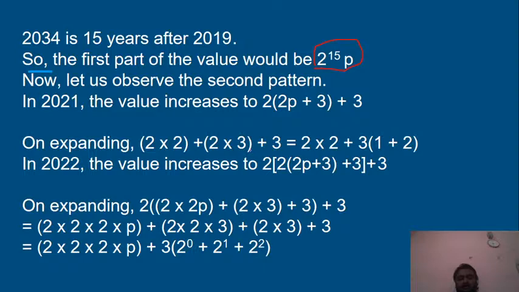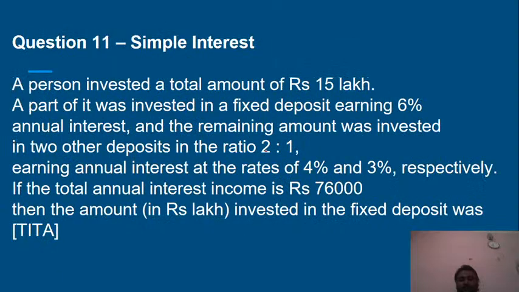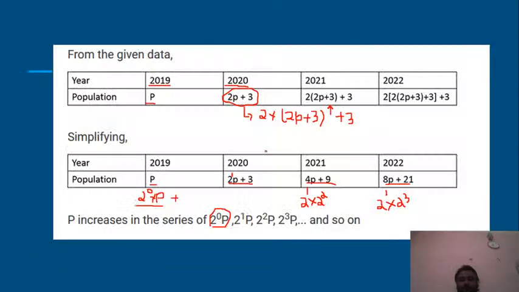Now the second pattern is that we are adding 3 every time. So now see how the power of 3 goes on. The story of 3 starts from here. In this term I can put it as 3 to the power of 1, then 3 to the power of 2, then 3 to the power of 3 plus 3, and so on and so forth.